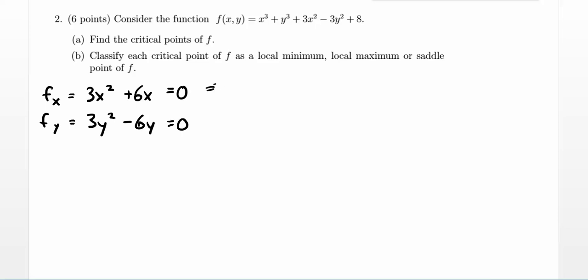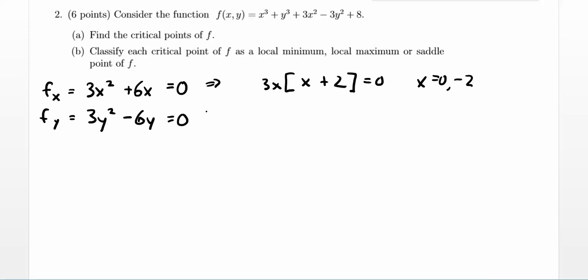Factoring this, we get 3x times x plus 2 equals 0. So x equals 0 and negative 2. From the second equation, we'll get 3y times y minus 2, and so we get y equals 0 and y equals positive 2.